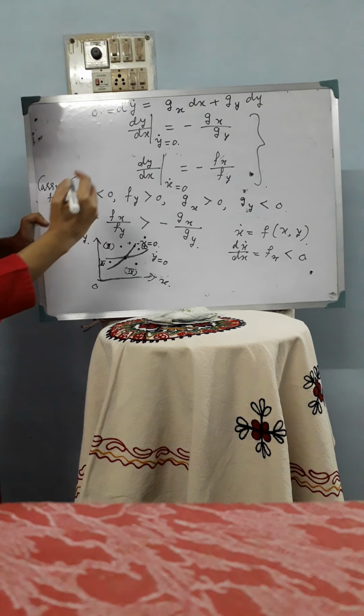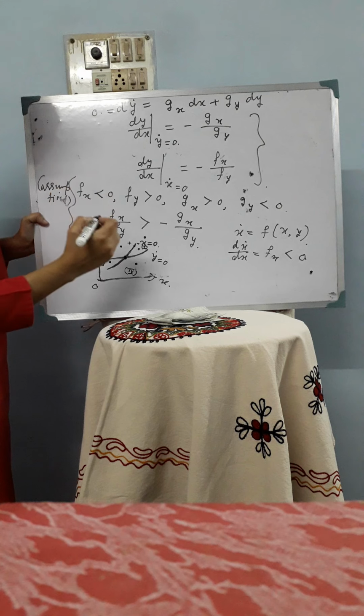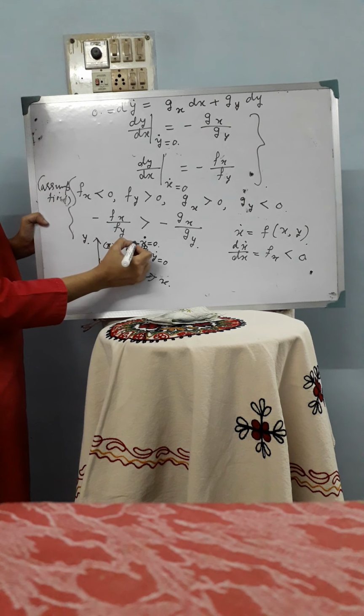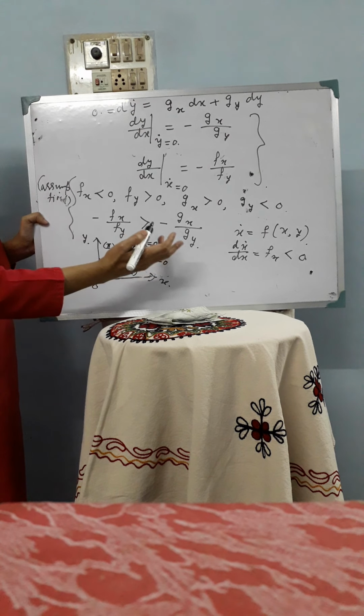That is, as we increase the value of x, x dot declines. So to the left of this curve the value of x dot is positive, and to the right of this curve the value of x dot is negative.